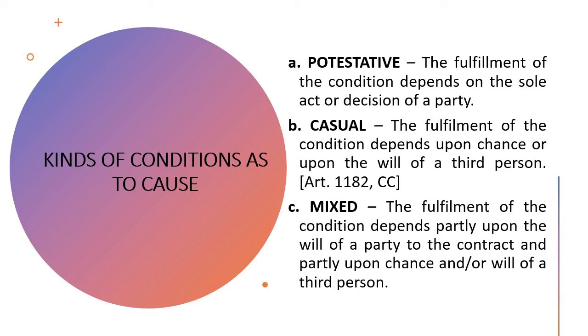If the condition is potestative in the sense that its fulfillment depends exclusively upon the will of the debtor, the conditional obligation shall be void. Article 1182. If the condition is potestative in the sense that its fulfillment depends exclusively upon the will of the creditor, the conditional obligation shall be valid.